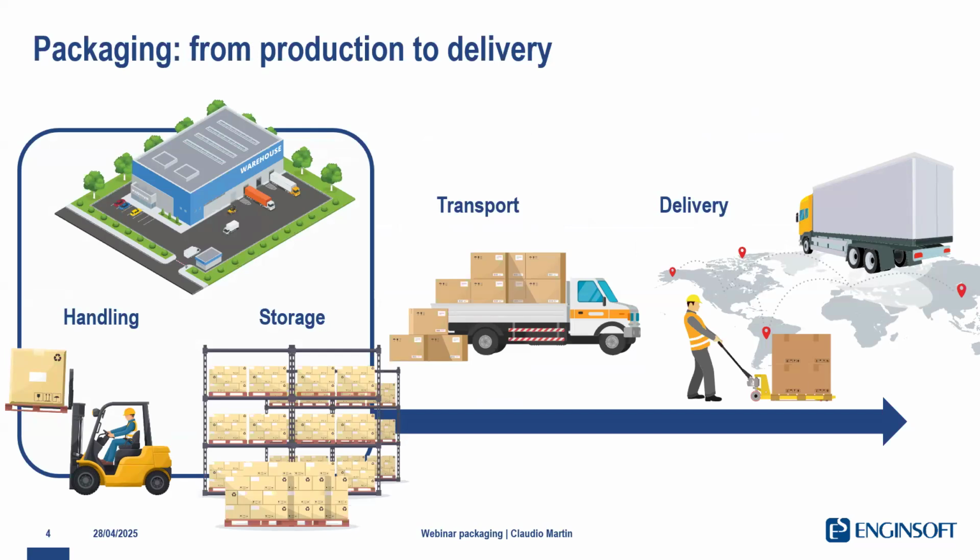In particular, once the product has been packaged, it remains in the warehouse for some time, where it is loaded and unloaded and then transported to the end customer. Each of these phases is analyzed with a so-called transport test, which assesses if the packaging is suitable for the market.